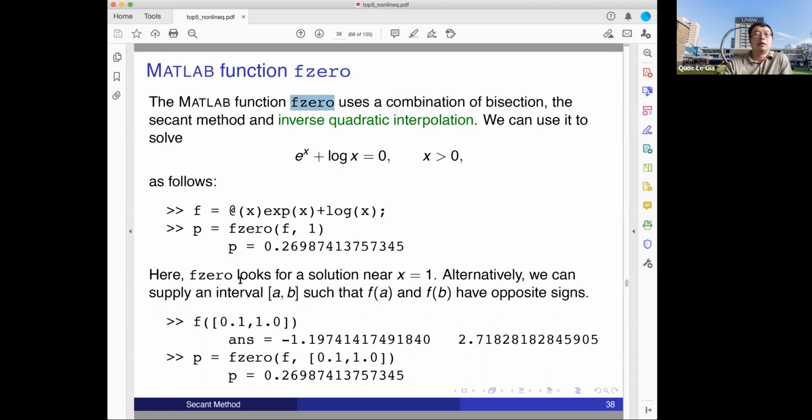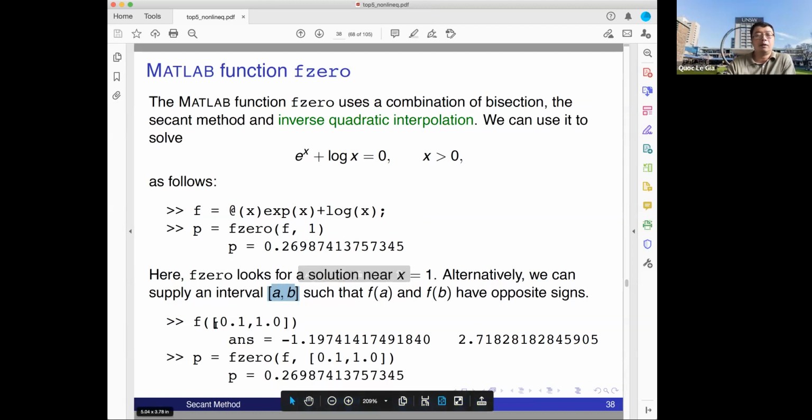Then you give some initial guess. You give the function f, and it gives you the 0 around the initial guess. Or you can give an interval a and b, so that it tries to find the 0 inside that interval.